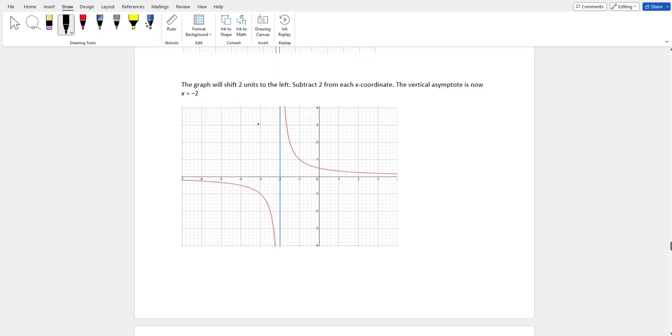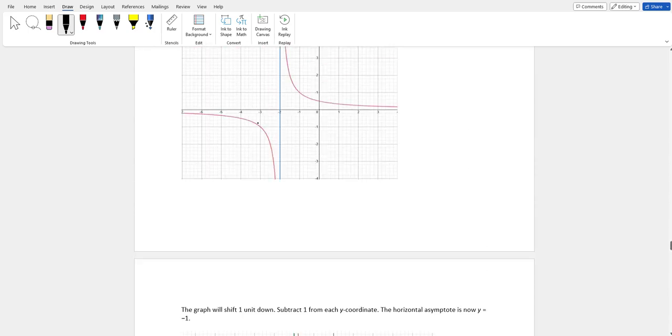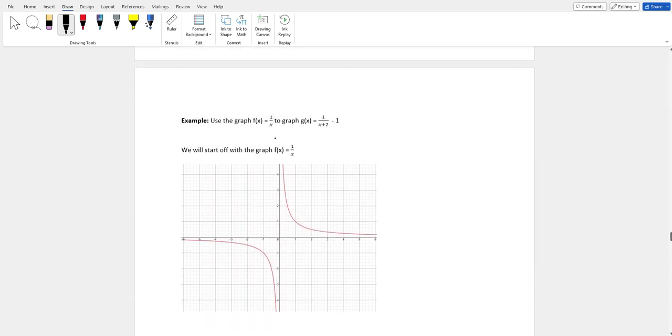I'm doing this in parts, so I got shifts out here. This first graph is the graph of f of x equal to 1 over x. That's this graph here. So we're going to start with this graph, and what I do is I use these 2 points to do my shifts: 1, 1 and -1, -1.